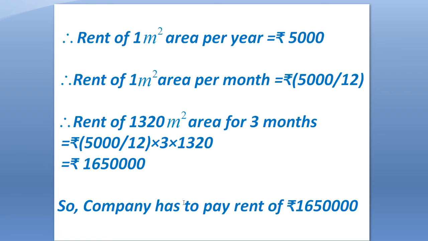So the rent of 1320 meter square area for 3 months is equal to rupees 5000 divided by 12 into 3 into 1320. So it gives us 16 lakh 50,000 rupees. So the company has to pay a rent of rupees 16 lakh 50,000.